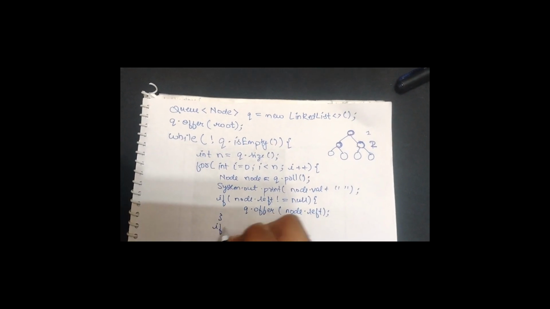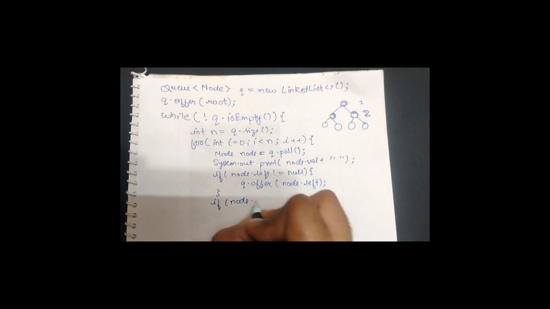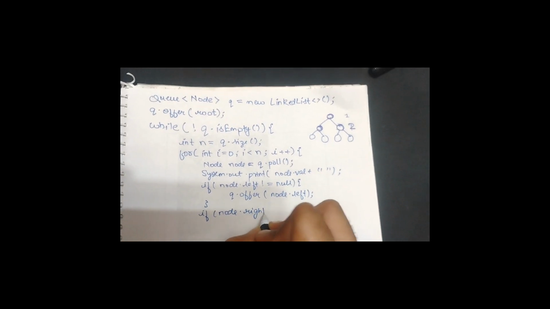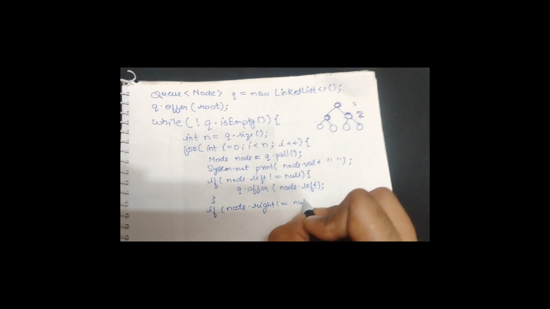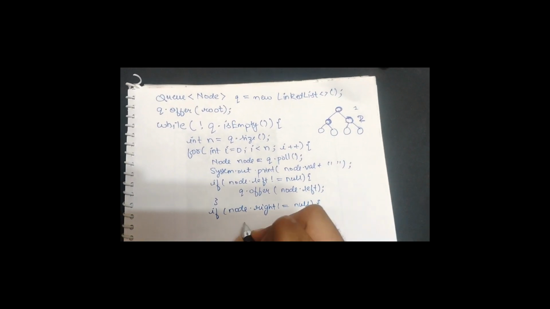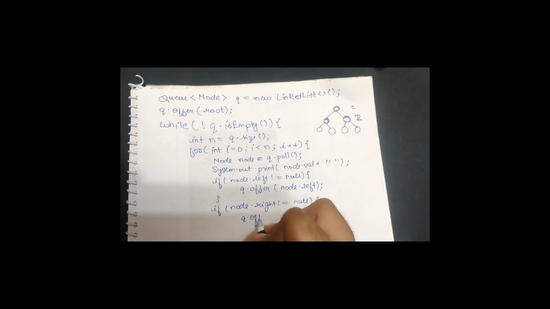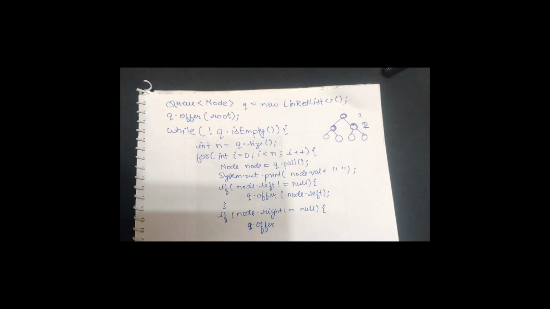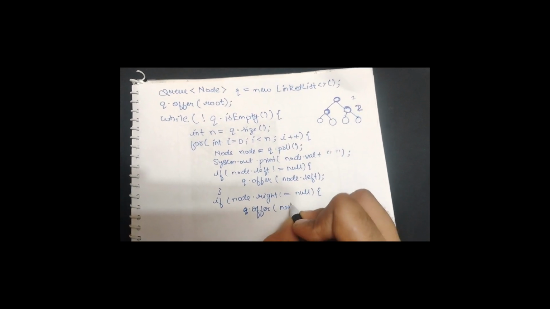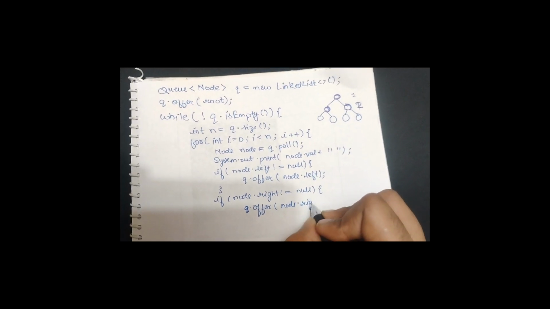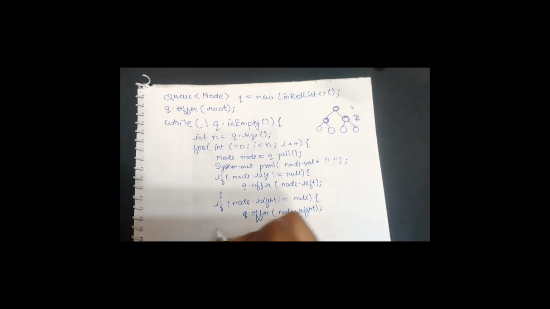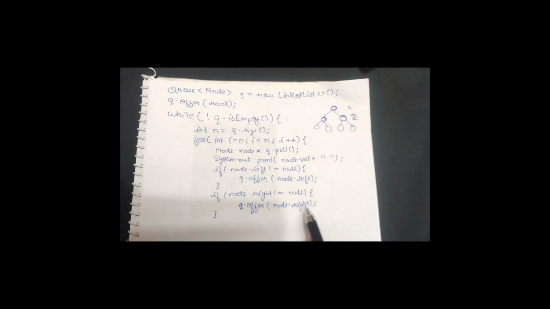Now again check whether it has a right. I'll do node dot right. If node dot right is not equal to null, that means there is a right node. Again add that, that means queue dot offer node dot right inside that queue. Okay, done. So I did this.